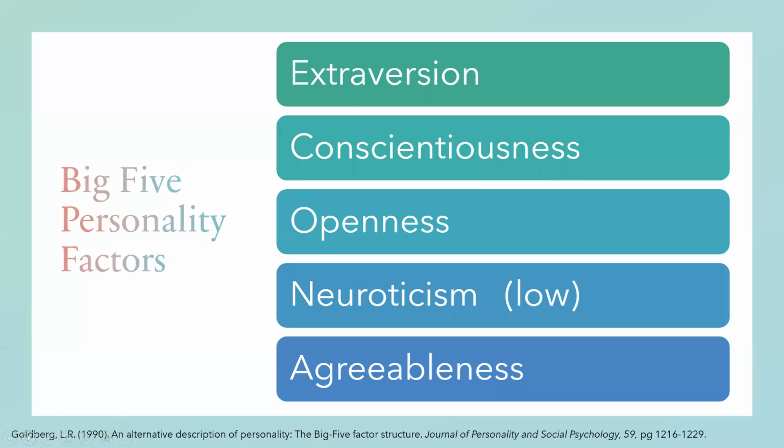Another list of traits that we often refer to is the Big Five personality factors. In 2002, four researchers, Judge, Bono, Ilies, and Gerhardt, conducted another meta-analysis of 78 leadership and personality studies between the years of 1967 and 1998.